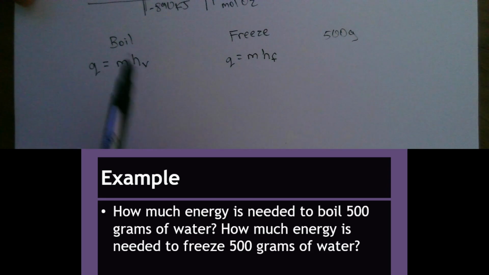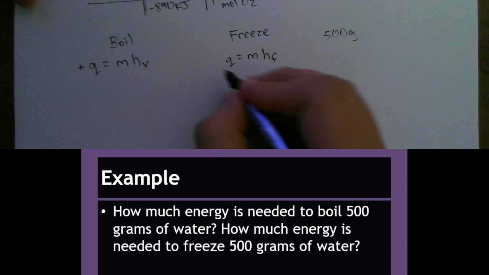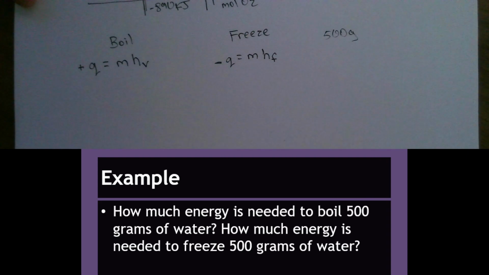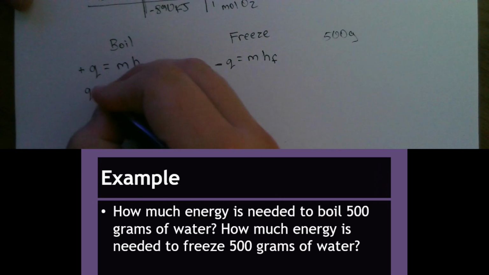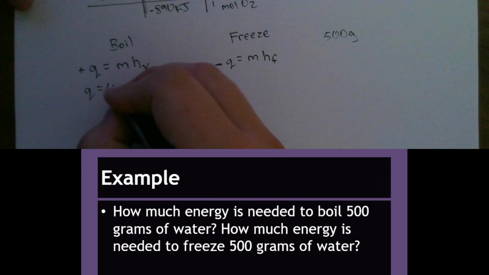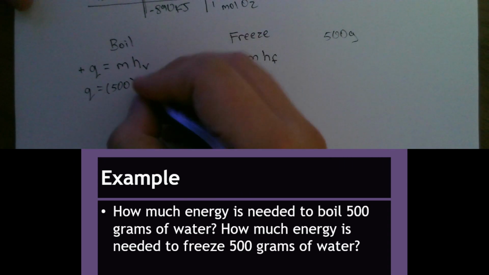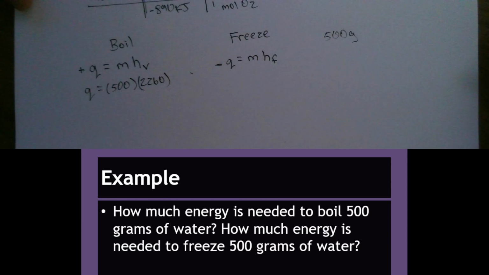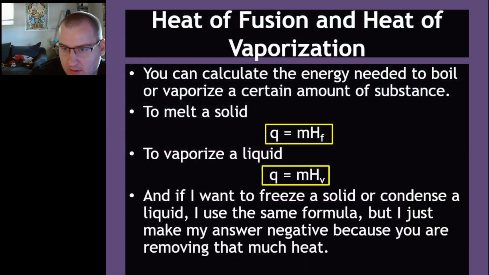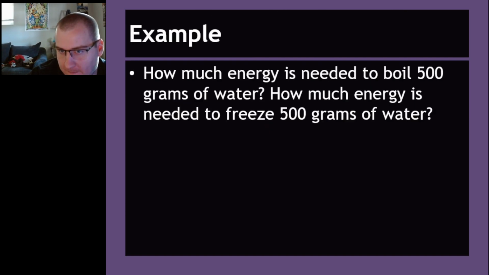Now, boiling adds heat, so this should be a positive number. Freezing removes heat, so this is going to be a negative number. For boil, Q equals mass, 500 grams, times the HV we talked about two slides ago, which is 2260.